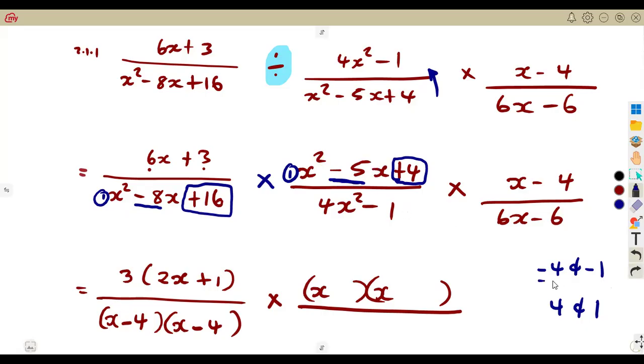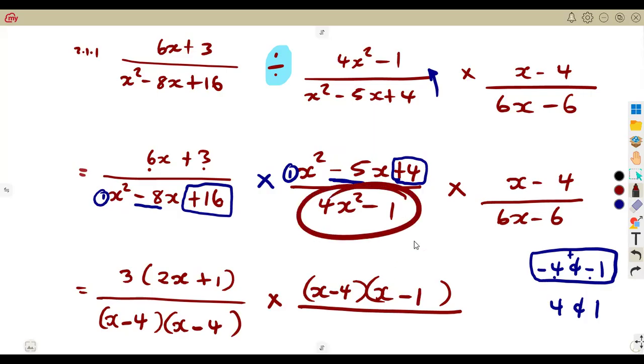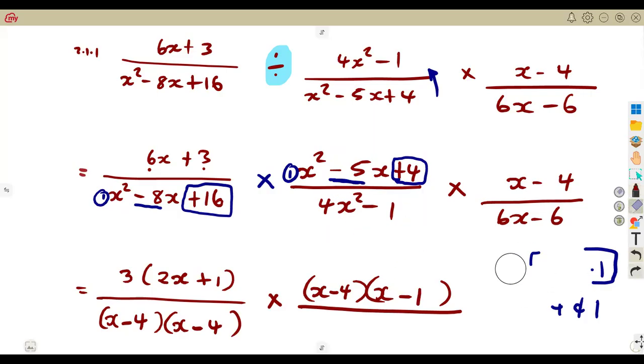That's why we have to introduce negatives on these numbers. Negative 4, negative 1. If you multiply, you get a positive 4. If you add these two, you will get a negative 5. So these are the numbers that we need: minus 4, minus 1.